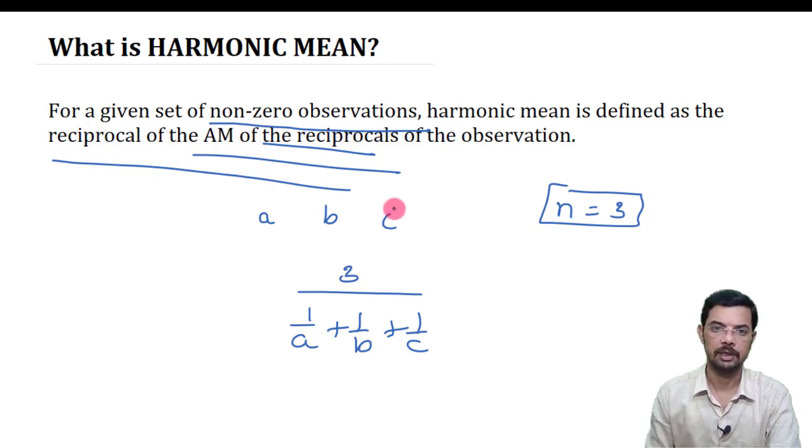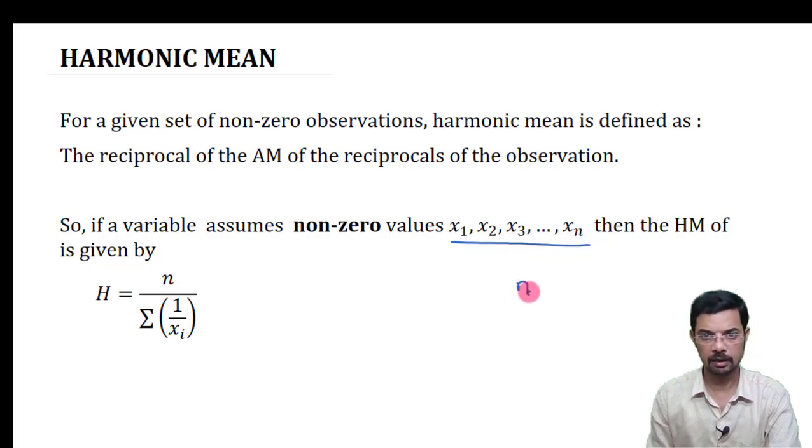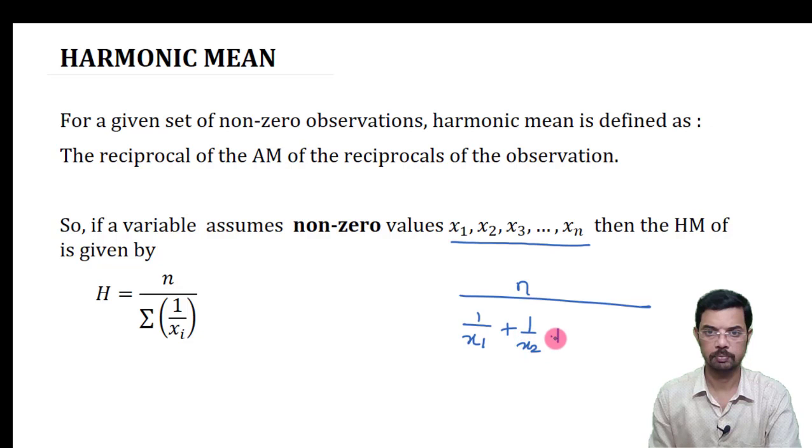The formula will be, suppose we have n observations x1, x2, x3 up to xn, then the formula will be n divided by 1 by x1 plus 1 by x2 plus up to 1 by xn.